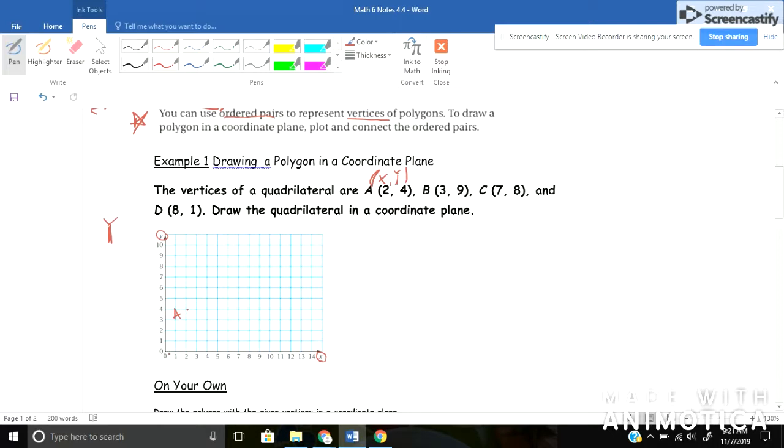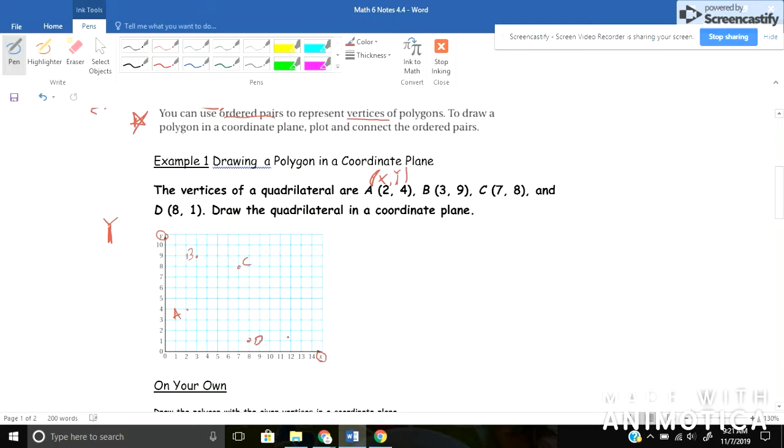So right 3, up 9 would be right here. So that's letter B. Letter C is 7, 8, over 7, up 8. So that's letter C. And then lastly, I have D is 8, 1. So over 8, up 1, and that's letter D.